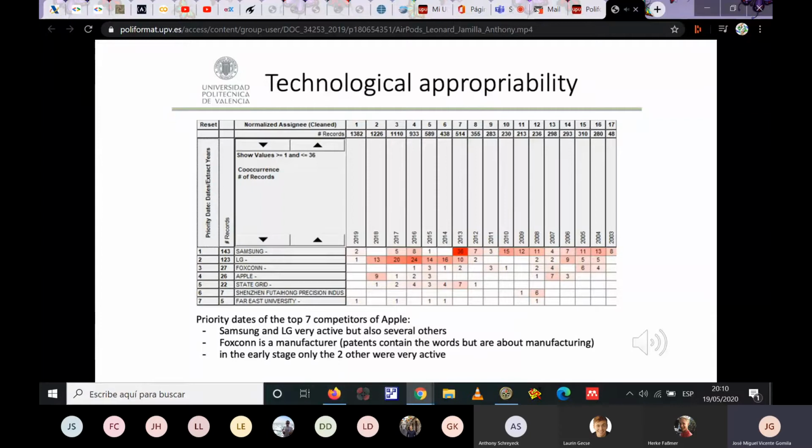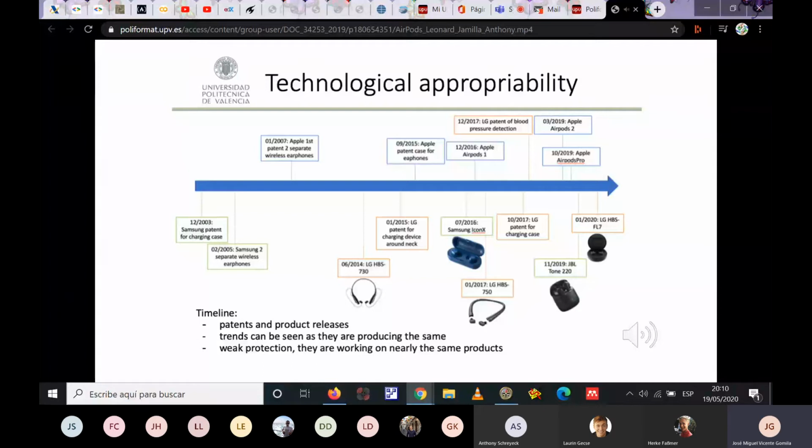To give a short overview of the results of our analysis, we decided to not only include the patents that were filed and of course the years they were filed in, but also the releases of different products. And as you can see, maybe as a trend also, the companies all decided to produce something similar to the AirPods, and there cannot really be a trend besides that figured out, only that the companies try to include a lot of health data.